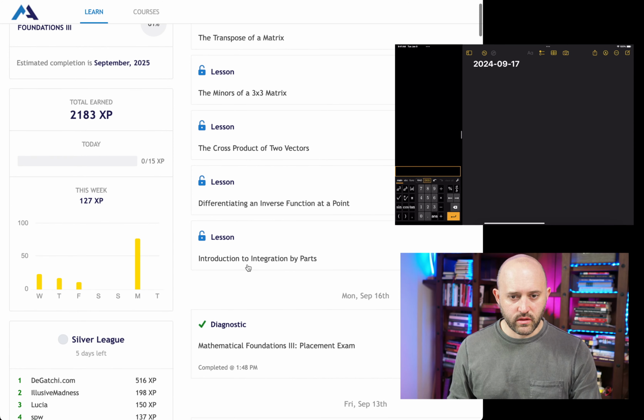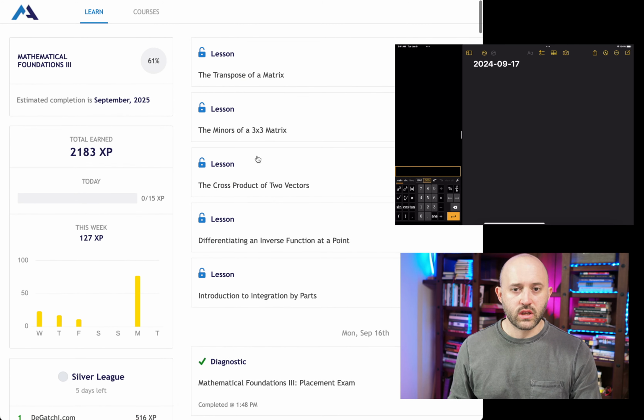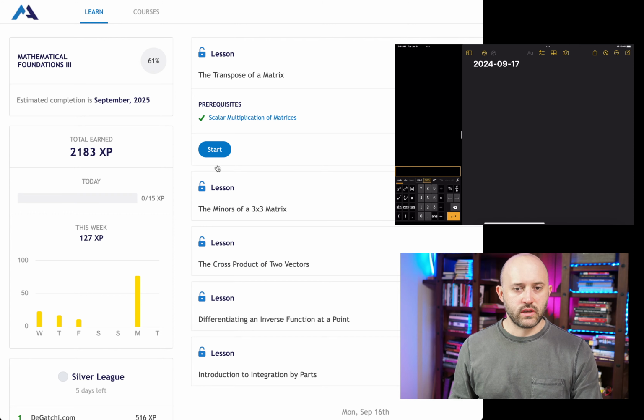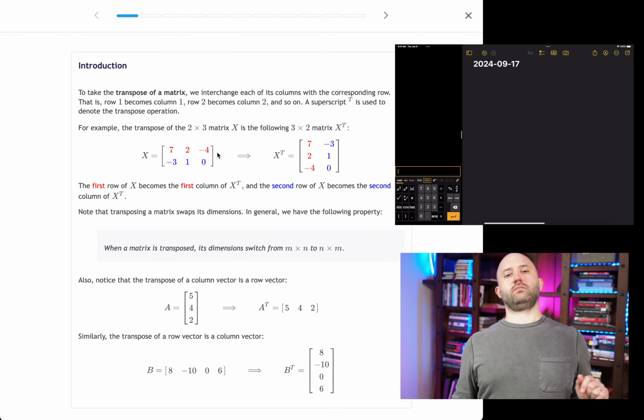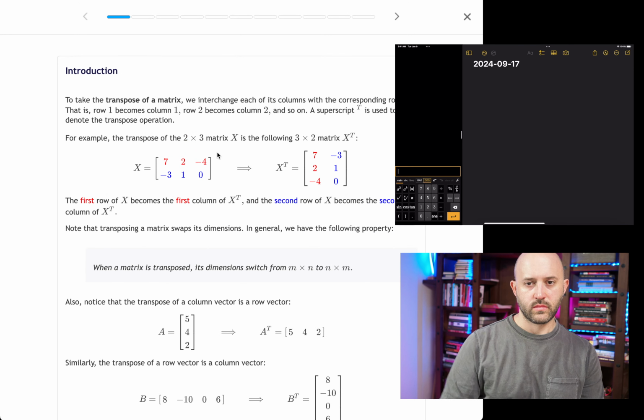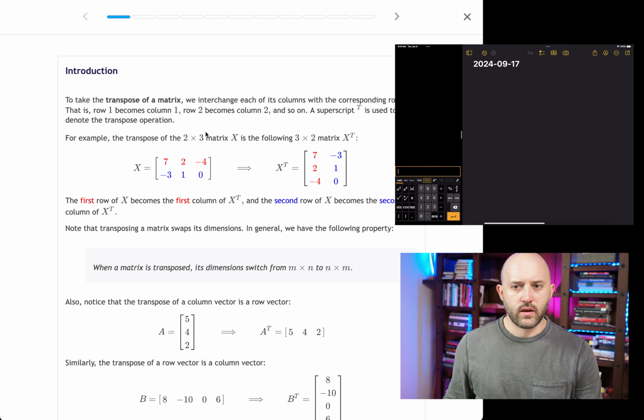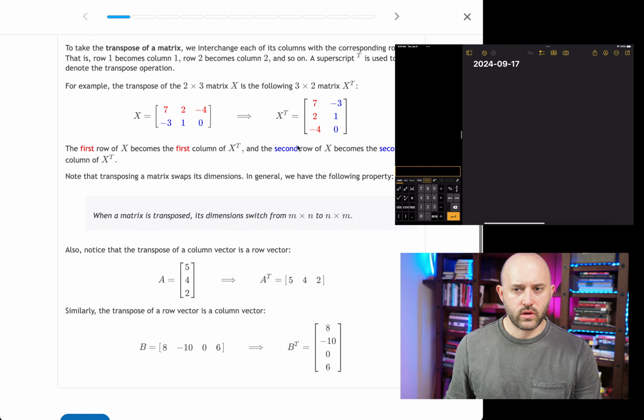I usually like to start with review, but I only have lessons up, so let's get started. Now, take the transpose of a column. You go through here.